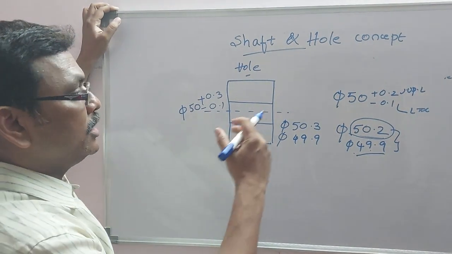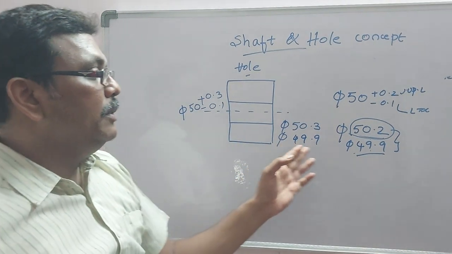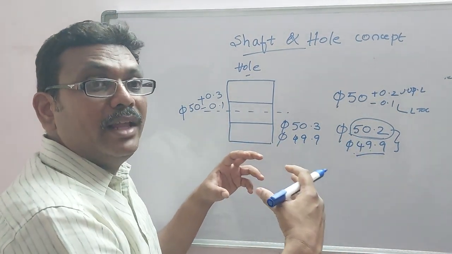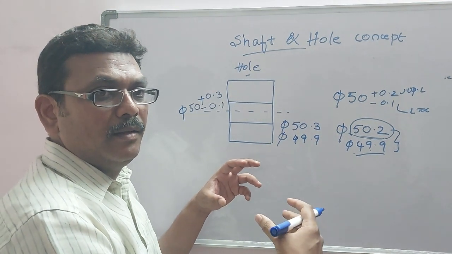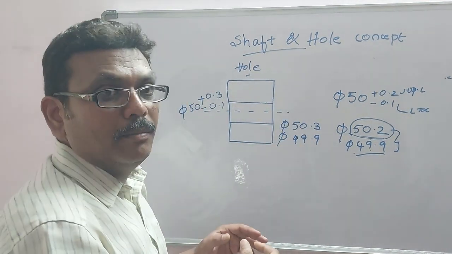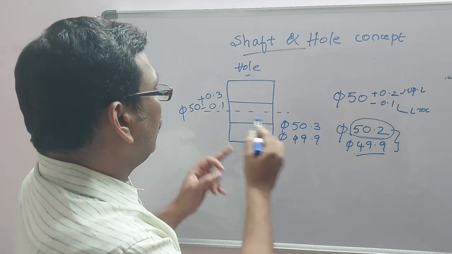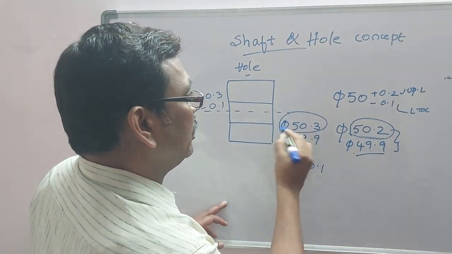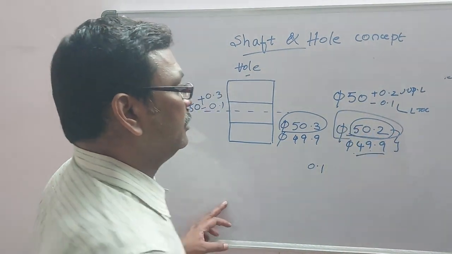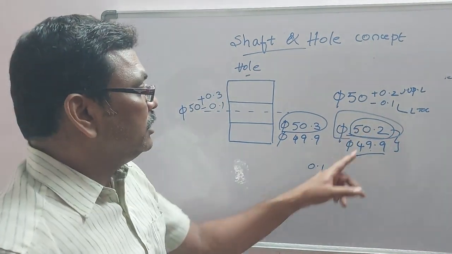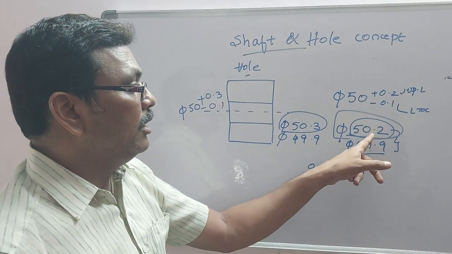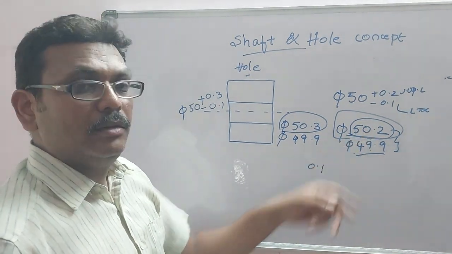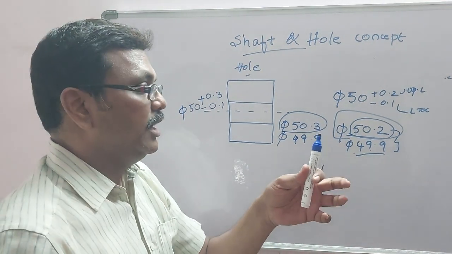So when the hole and shaft are going to assemble with the minimum concept, it is going to get a tight fit without any tolerancing. When it goes to the maximum, there is a tolerance limit of 0.1. So the maximum concept is this one. The shaft is going to get manufactured at diameter 50.2, for example this one.